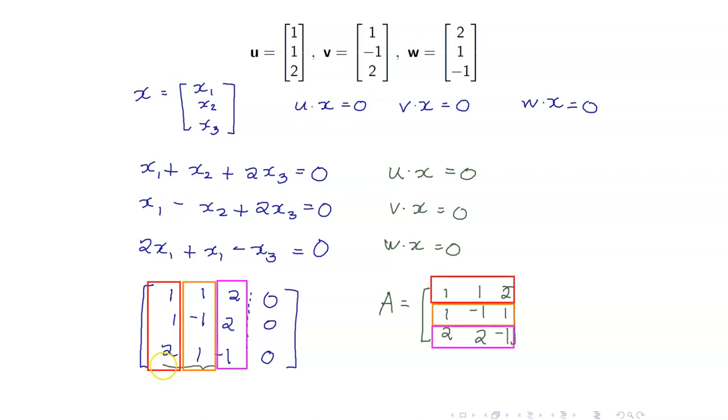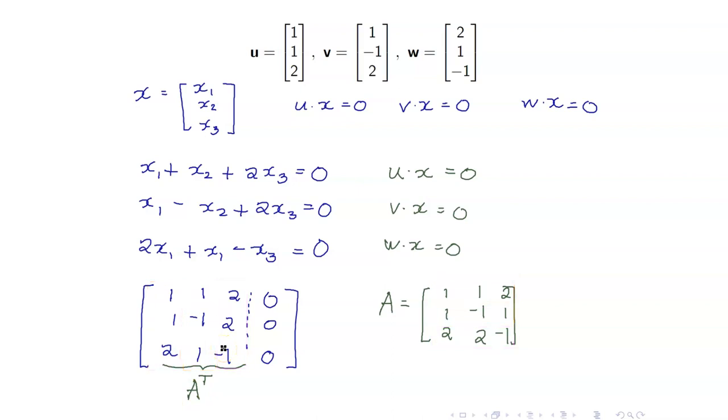And what can you observe, class? This is now your A transpose, right? So when you were solving for x here, you have to solve this system. Since this is A transpose, you are getting the solution of A transpose x equals 0, correct?